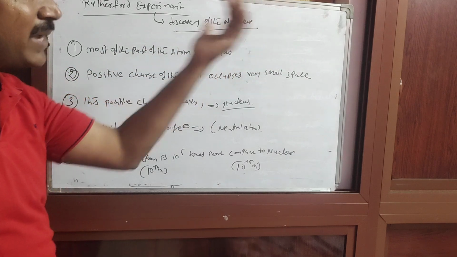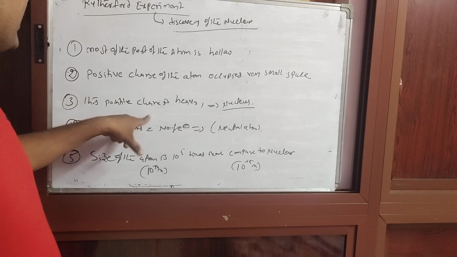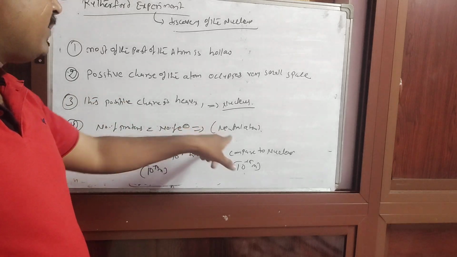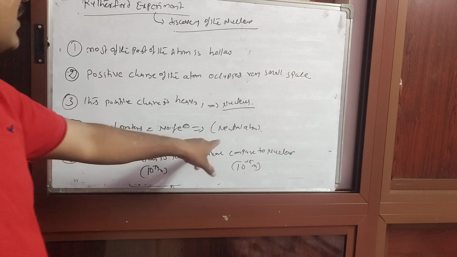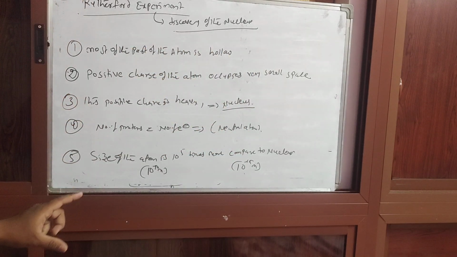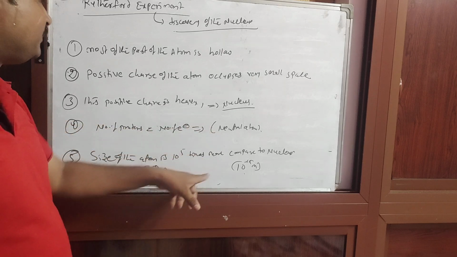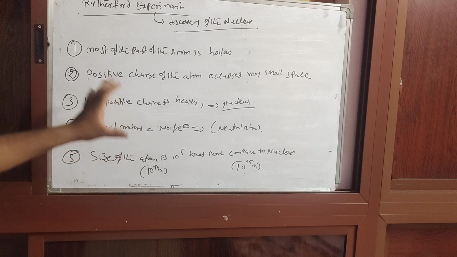That's why it reflects the alpha particle back. The atom is electrically neutral because the number of protons equals the number of electrons. The size of the atom is large compared to the nucleus, because the nucleus occupies a small space with heavy positive charge. These are the 5 observations Rutherford made.